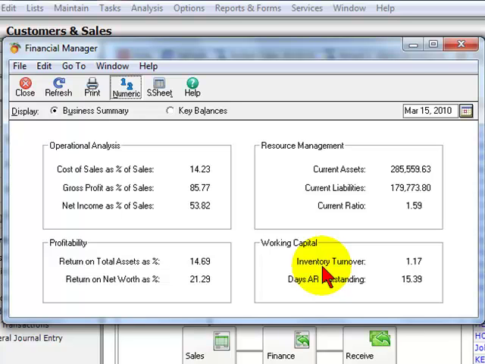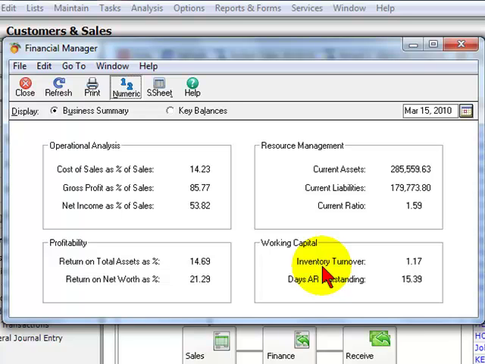Now, most accountants would use the cost of goods sold by average inventory because the sales divided by inventory would not be as accurate because the sales has a profit element added to it. So let's go over an example using the cost of goods sold divided by the average inventory.